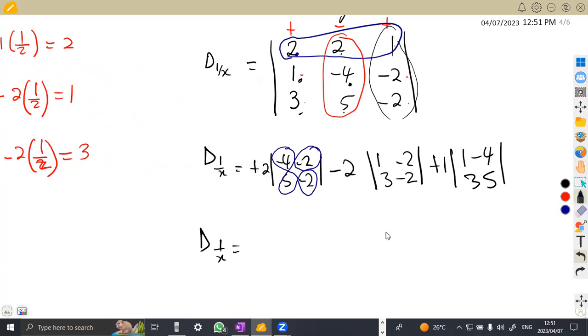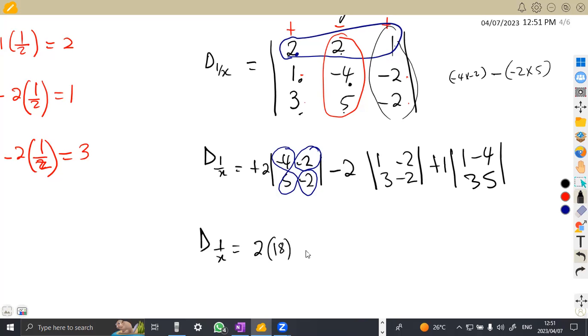So this is going to be 2 into, minus 4 times minus 2, that's our major diagonal, minus the minor diagonal, which is minus 2 times 5. This is going to give you 18.